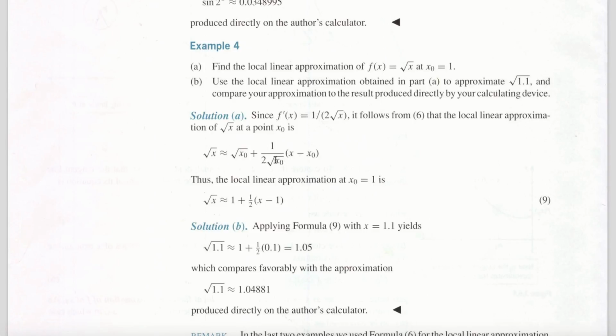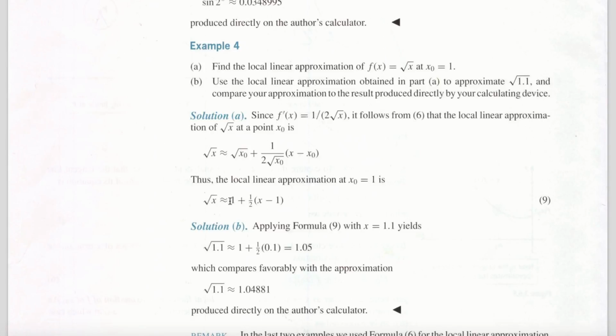Now, if you leave the variable x naught there, then this just becomes the tangent line approximation to the square root of x anywhere you want. It's not until you actually plug a value in that it becomes the local linear approximation. And so once we plug in x naught equals 1, we get the following equation.